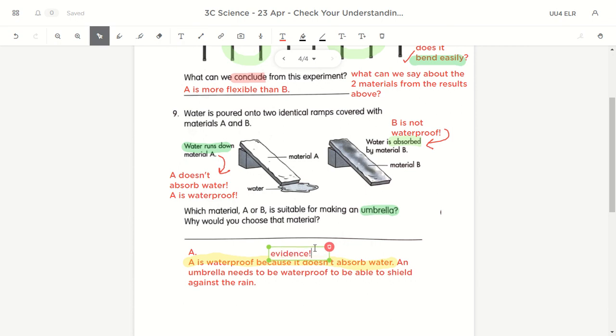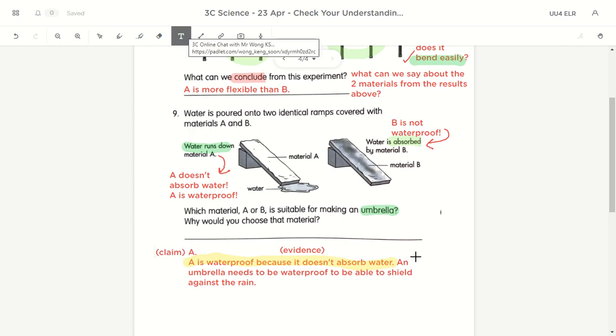We have seen the CER method before. This is the evidence, while this is the claim. And the reasoning is the one at the bottom.